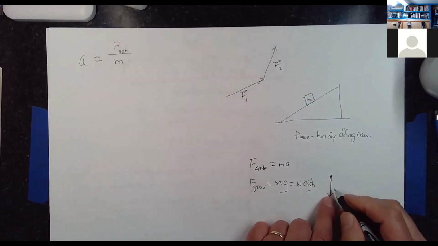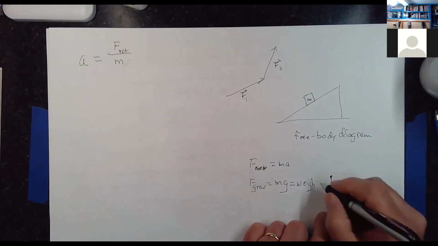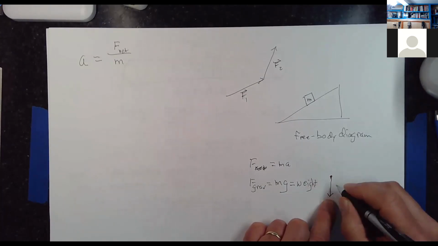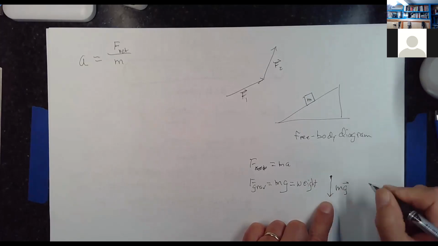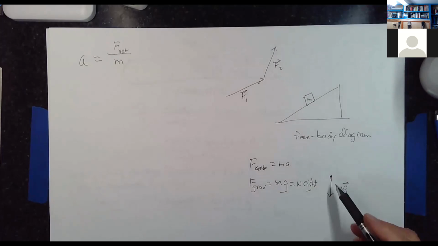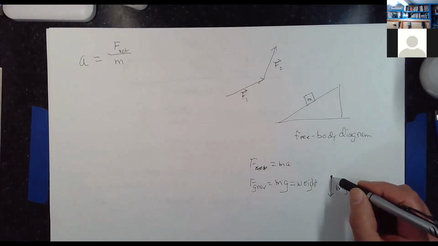And so when we make a free body diagram, often the first force that we draw is just going to be mg. And here I write it as a vector. And so I'll put arrows on the things to indicate that they have that particular direction. And that's what we try to do on the free body diagram.